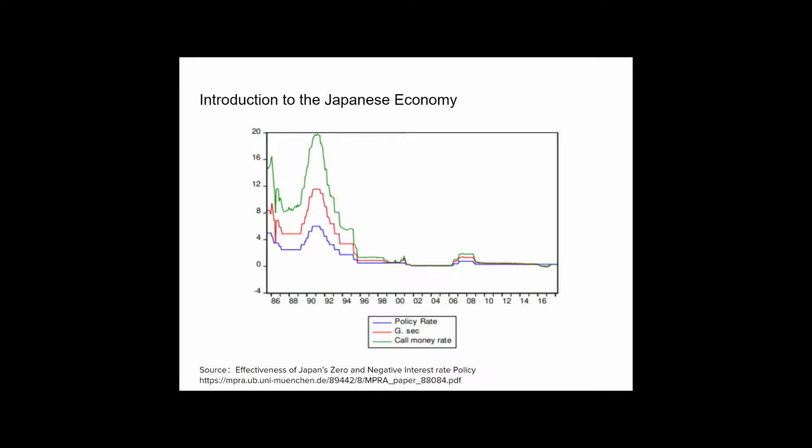As you know, securities are issued for short-term and long-term. The green one is called money rate, which is the benchmark interest rate that banks charge brokers who are borrowing the money to fund margin loans.